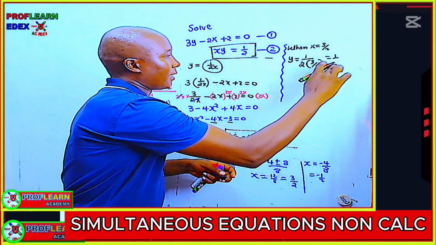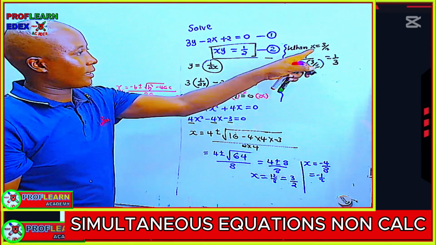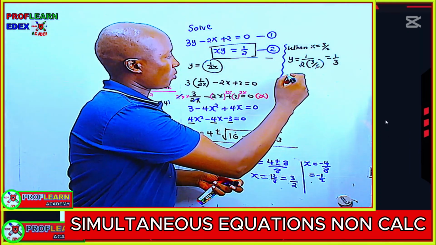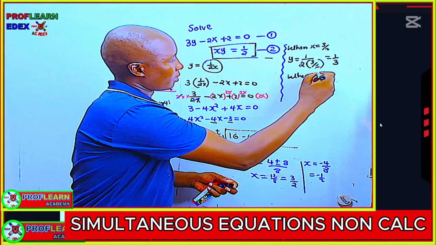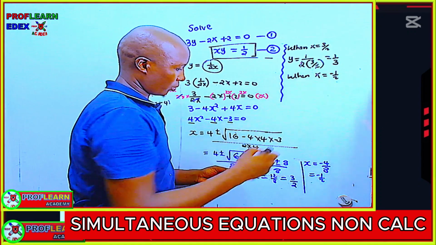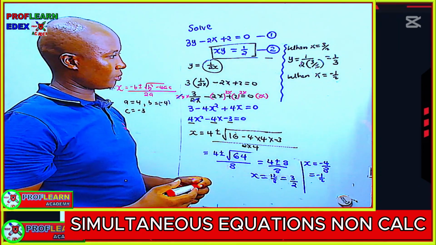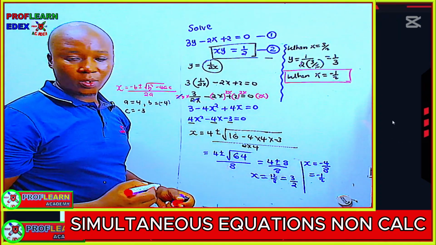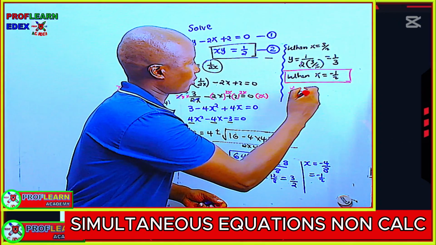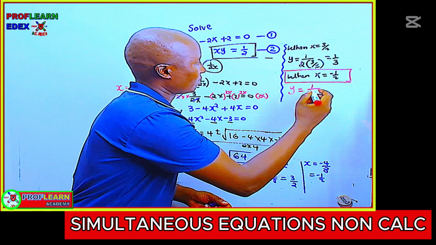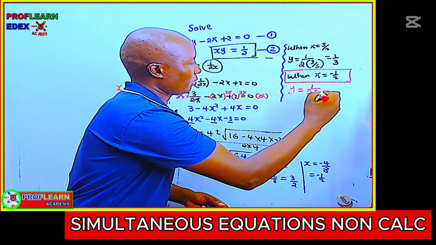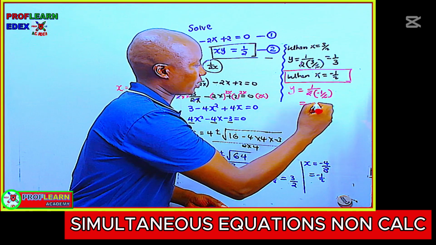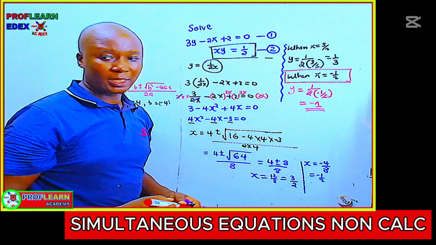So when x is 3/2, y is 1/3. And also when x is equal to -1/2, what do we have as the value of y? y is going to be 1/2 into -1/2. This and this cancel out, and we have -1 at that point.